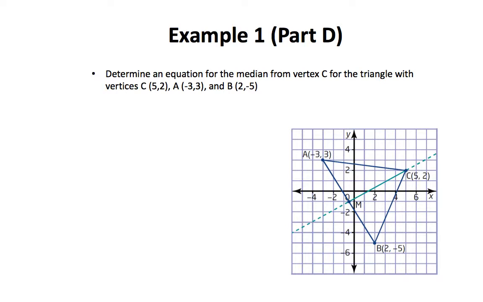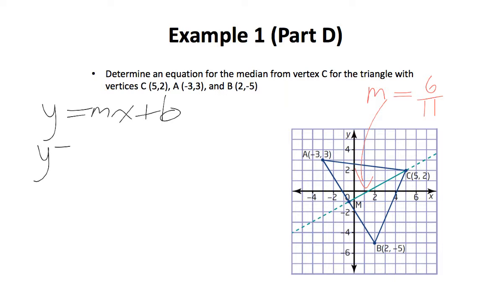We now know the slope of the median, and we determined that to be 6 over 11. However, if we want to find the equation of the median in slope-intercept form, we also need the y-intercept. So I'm going to plug in my slope value, and this is what I get.